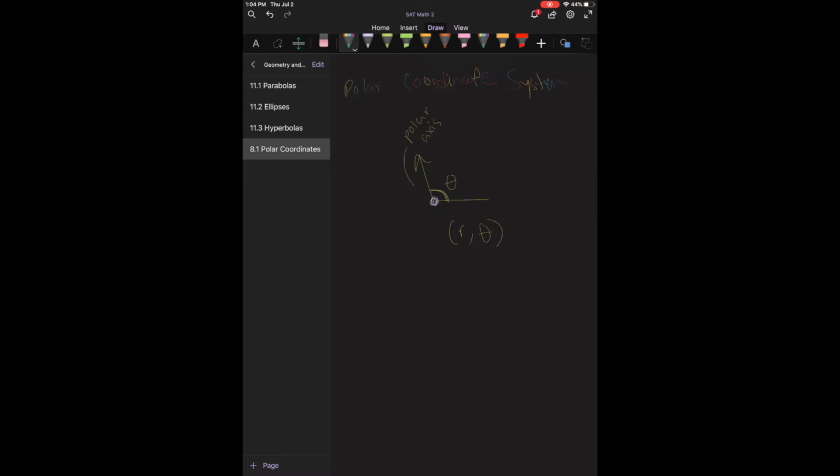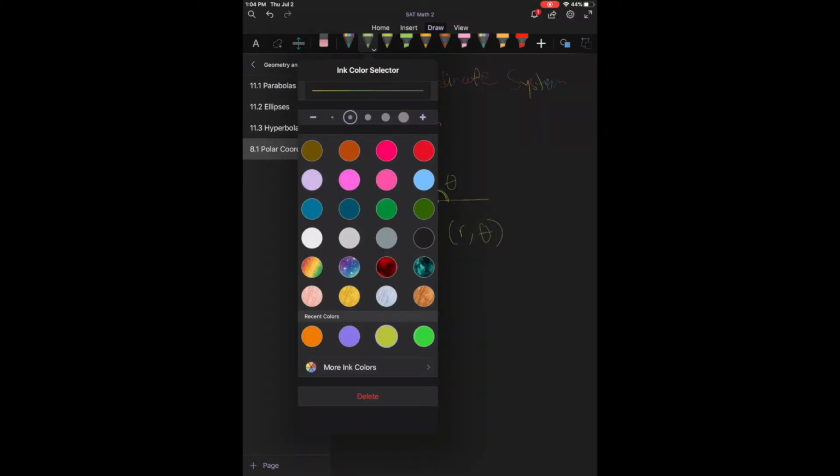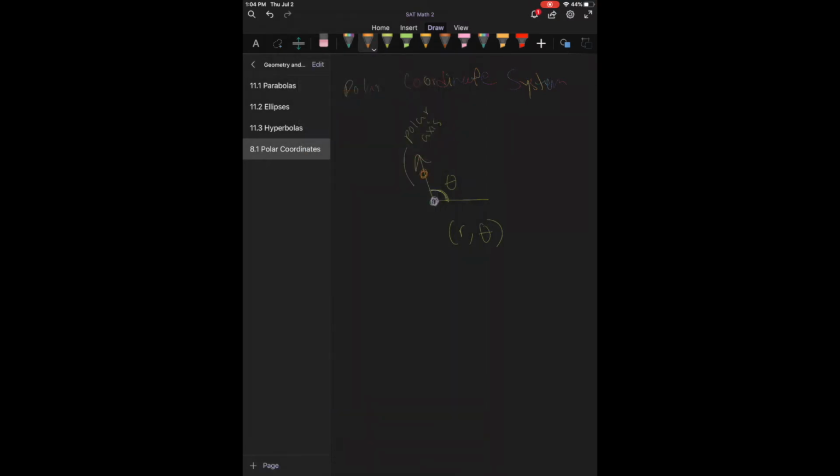And r and theta can be represented in various ways. So if this is point P, there are many different representations of this point P. Okay, so it's going to be r, theta. You can also represent it as negative r and then theta plus pi.